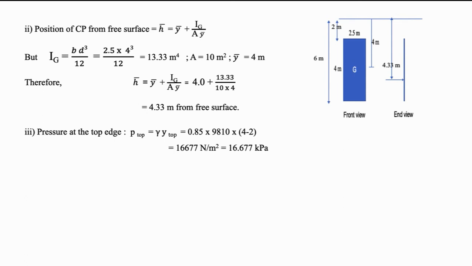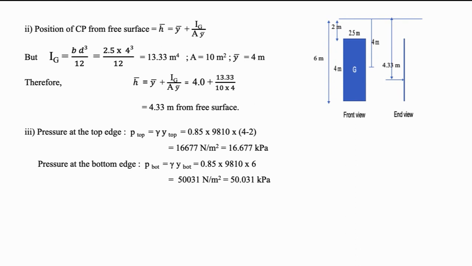Y top, as seen from the figure, is 4 minus 2. Substituting these values, we get pressure at the top edge as 16.677 kilopascals. On similar lines, pressure at the bottom edge is 50.031 kilopascals. Let us draw the pressure distribution diagram. It is as shown in figure.